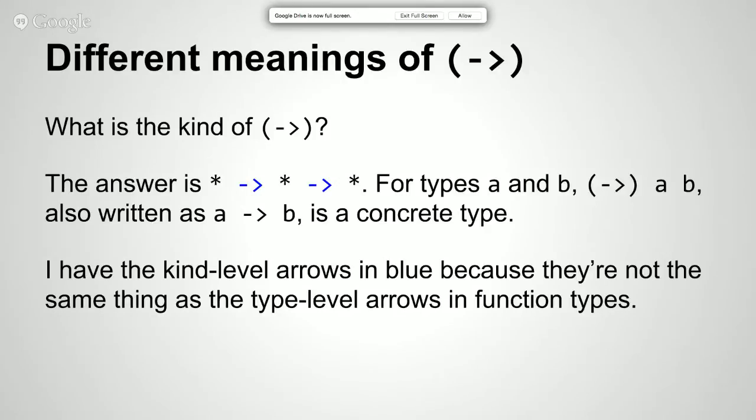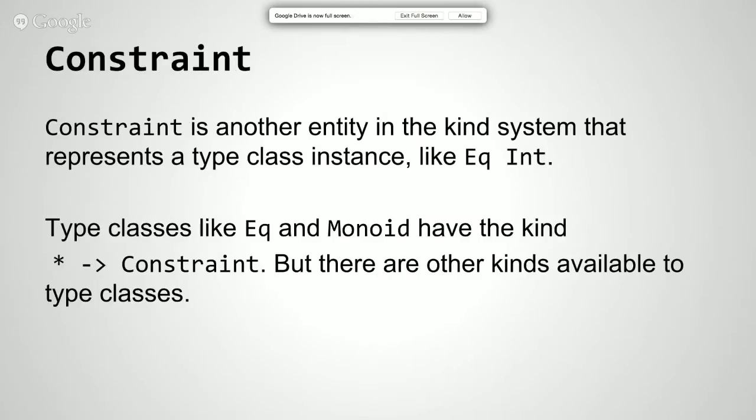But the one thing I want to point out is that the kind-level arrows are a totally different thing from the type-level arrow that lives in a function type. That is the type-level constructor which represents a function type, as in (->) A B, or A -> B if you infix it, is the type of functions from A to B. Constraint is something that I showed. It's just another entity in the kind system that represents a type class instance.